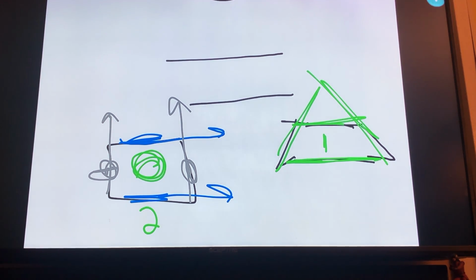Alright, so example 1 says find the measure of angle A and angle B in the parallelogram, if the measure of angle C is 72 and the measure of angle D is 108. So let me go ahead and write that out.